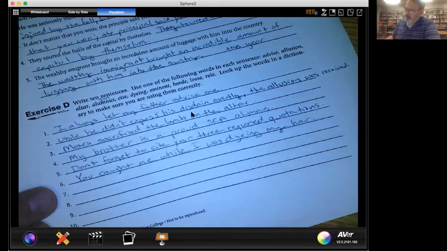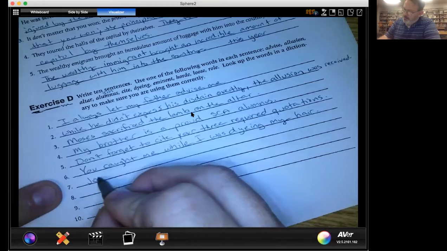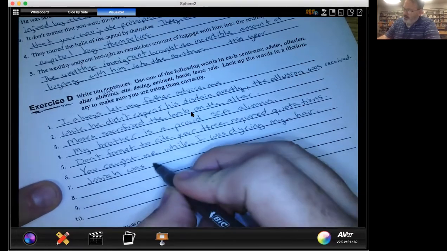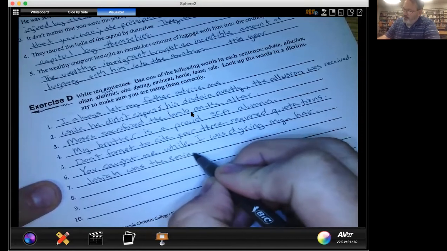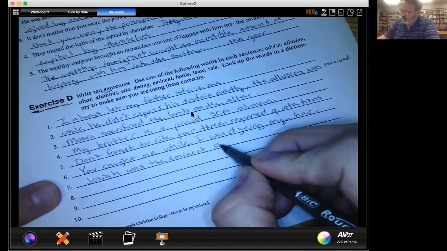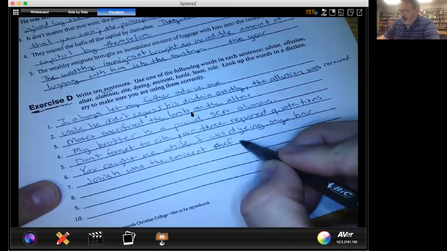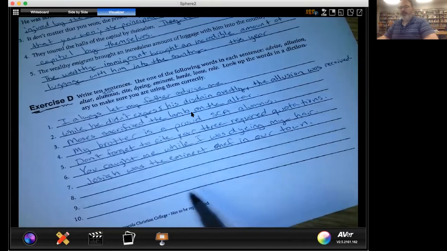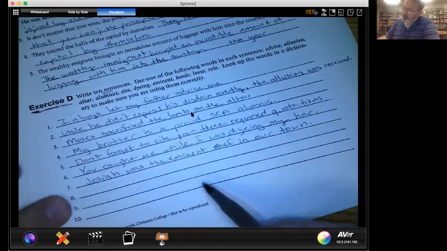There you go. Imminent. Josiah was the imminent chef, C-H-E-F, in our town. Means he was the greatest, he was the best, known to be the best chef in our town.